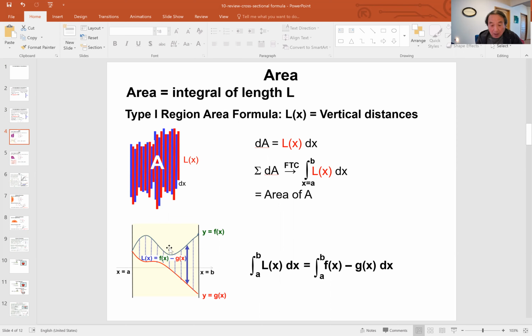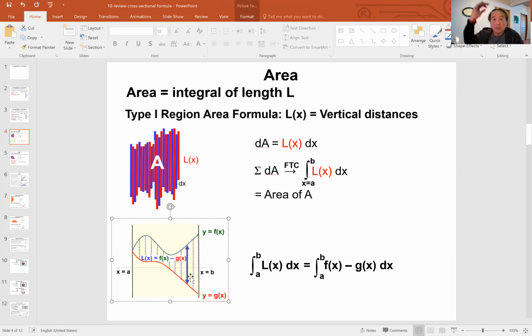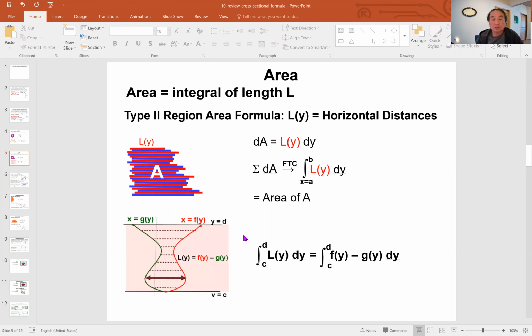I know what the top function is in terms of x, the height, and the bottom. So the distance between top and bottom is f minus g, the height minus the low. This is the second type, where things are stacked horizontally.